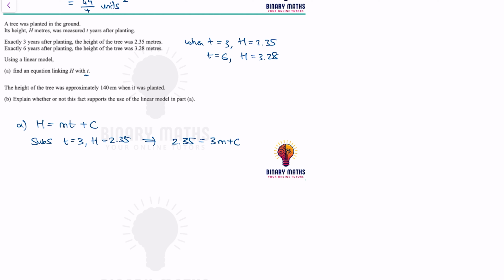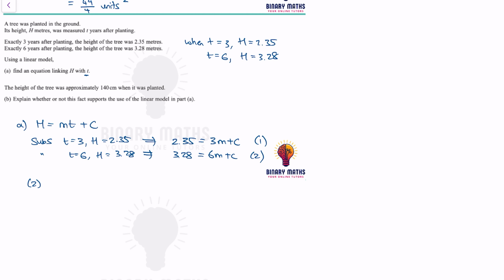Similarly, if I substitute t equals 6 and h equals 3.28, then I get 3.28 is equal to 6m plus c. So I've got a simultaneous equation.